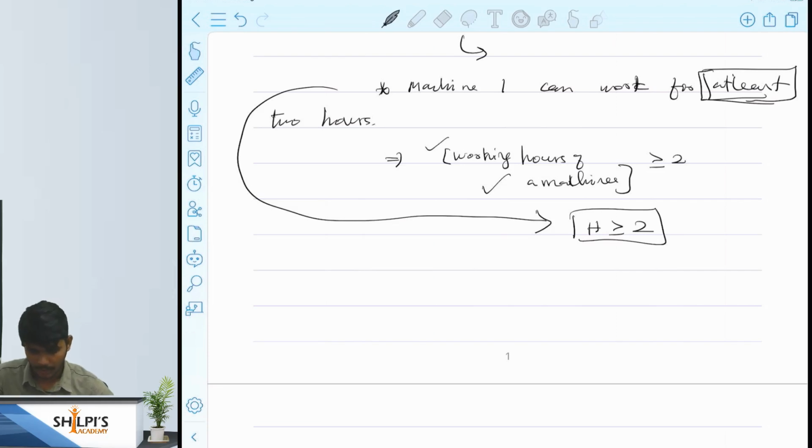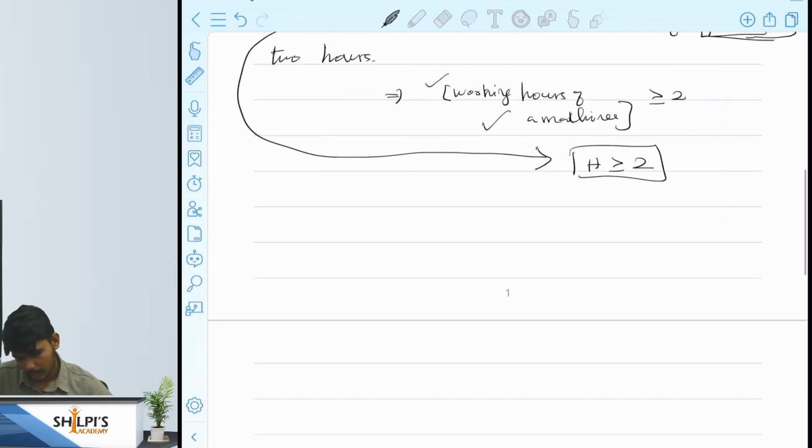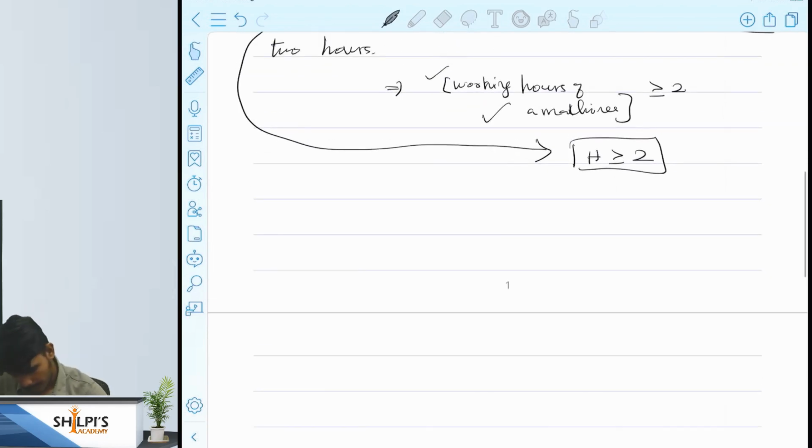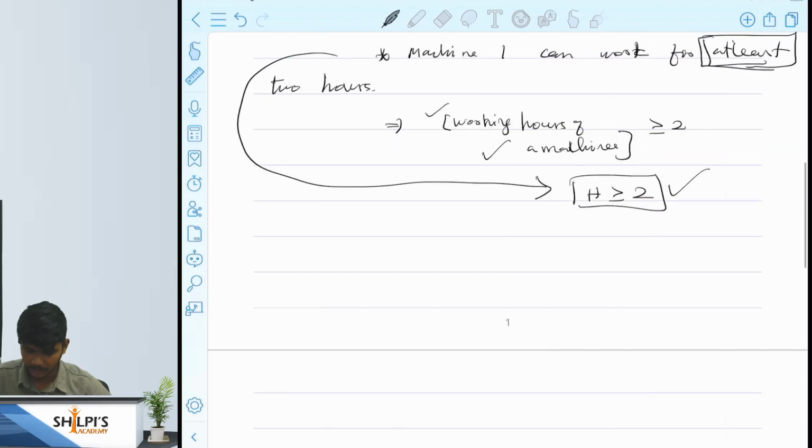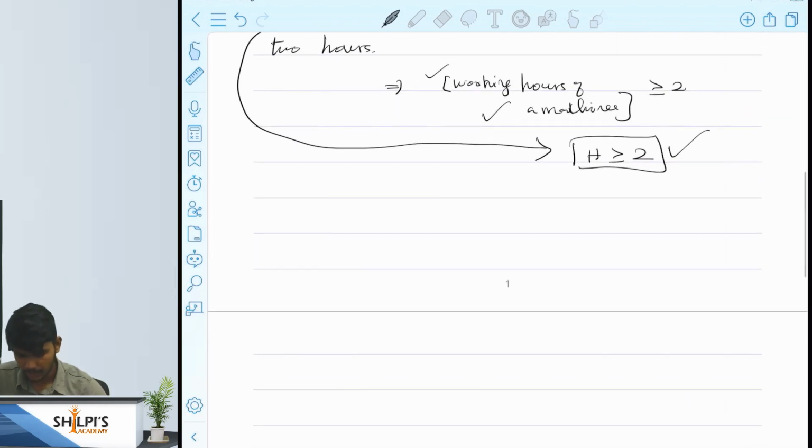Okay, if we construct the algebraic structure for the problem, it can have either one variable or two variables, and it can have more than two variables also, depending on the problem.